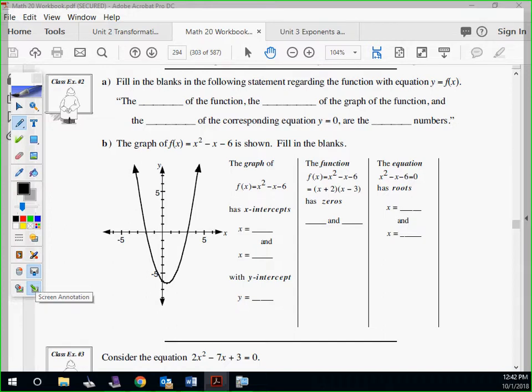The zeros of the function, the x-intercepts of the graph, and the roots of the corresponding equation are the same numbers. So all that's just confirmed. X-intercept, yeah, sorry, x-intercept.